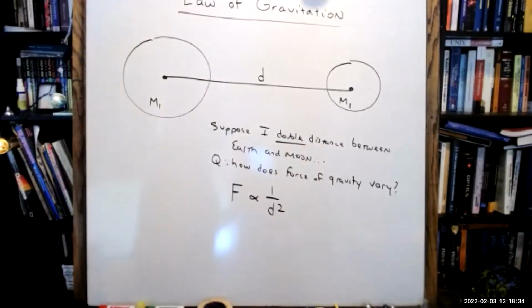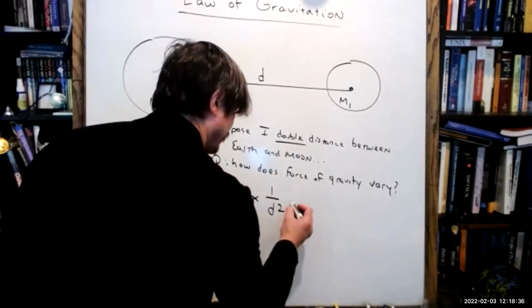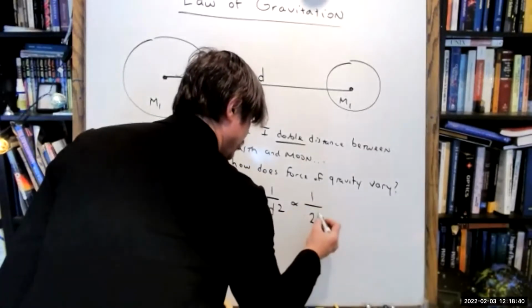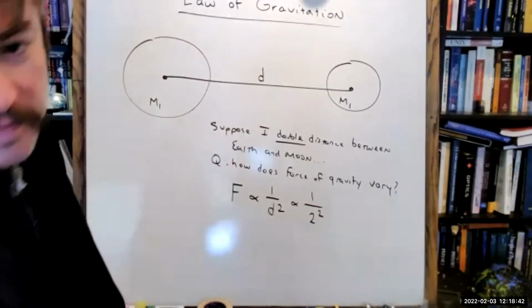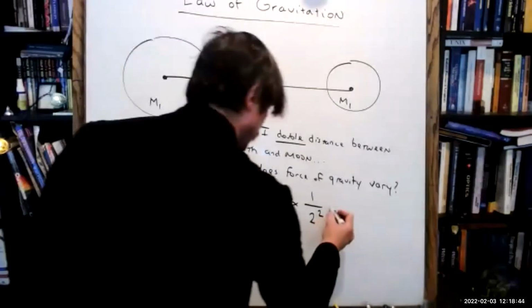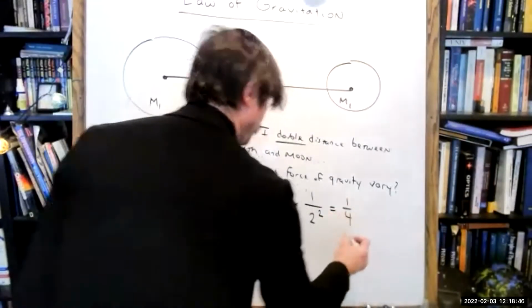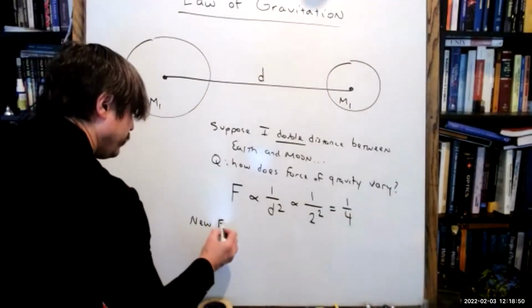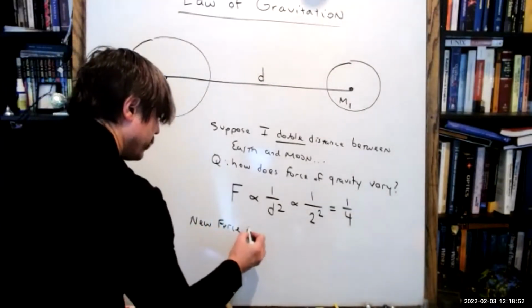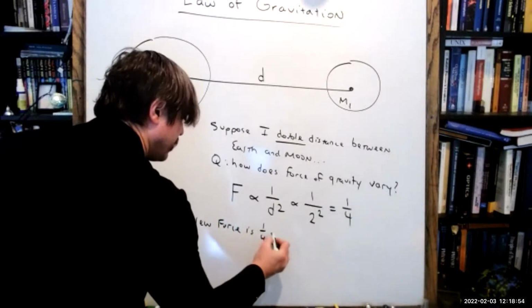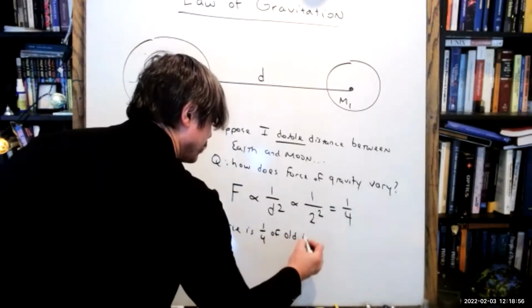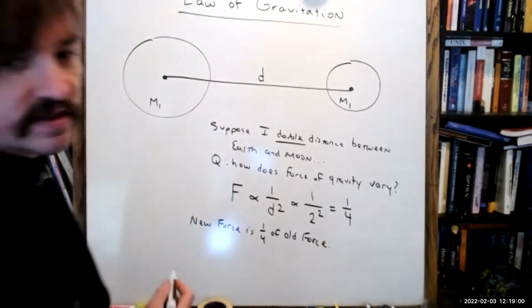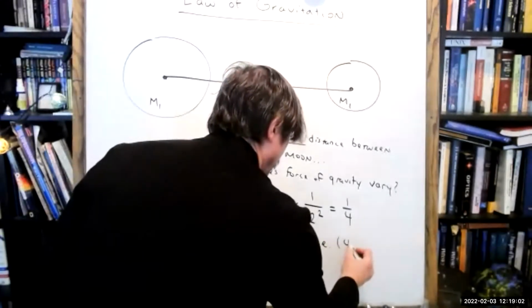If you're going to double the distance, it's going to change by a factor of 2. So you simply write 1 over 2 squared. And that means 1/4. So you could say the new force is 1/4 of the old force. And that's a way of saying 4 times weaker.